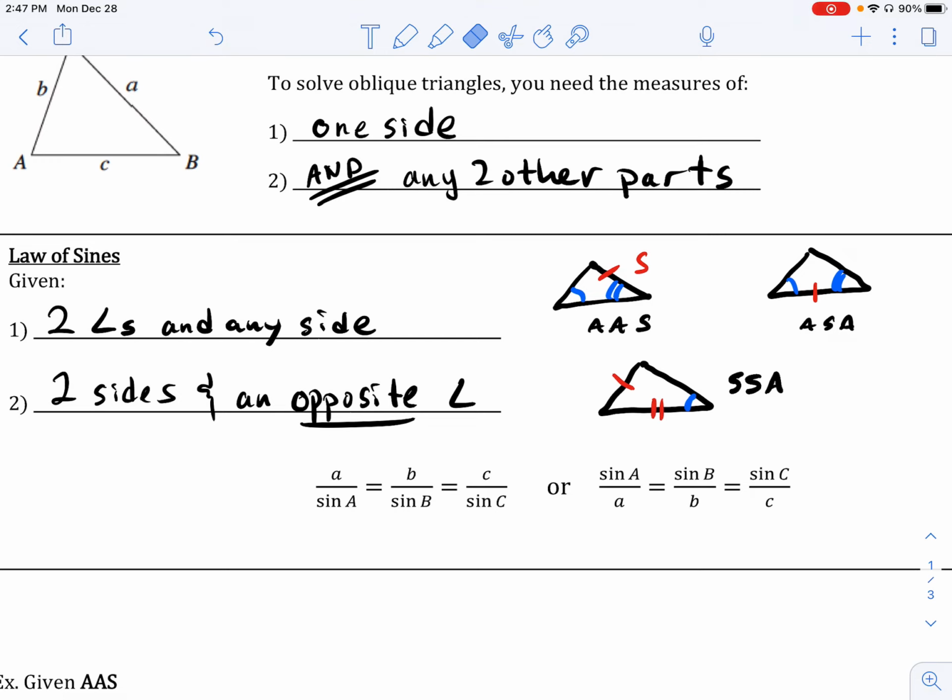But I want us to focus on understanding when to use the law of sines, what it says, and how we can use the law of sines in order to solve an oblique triangle.